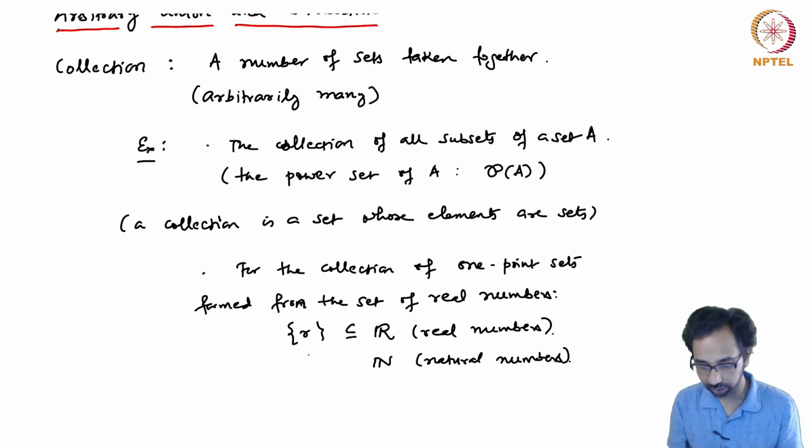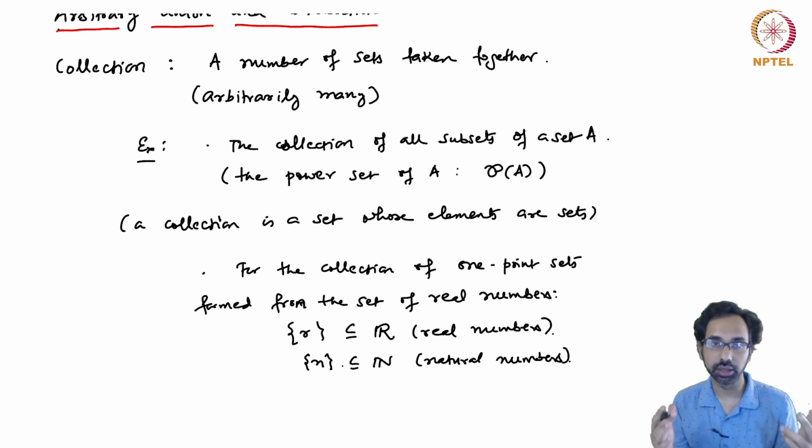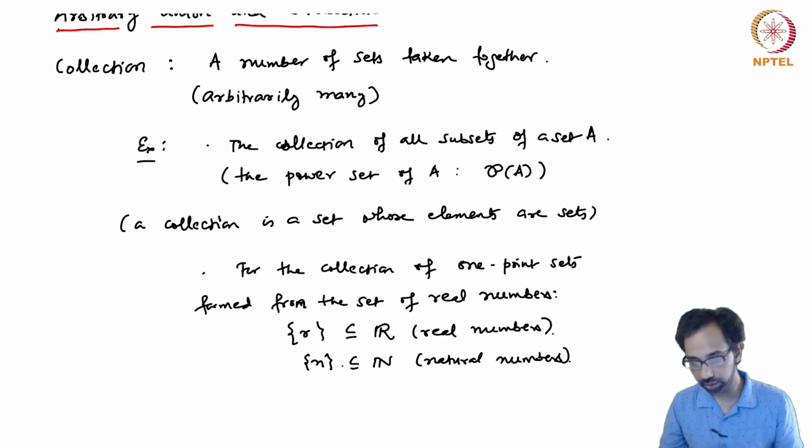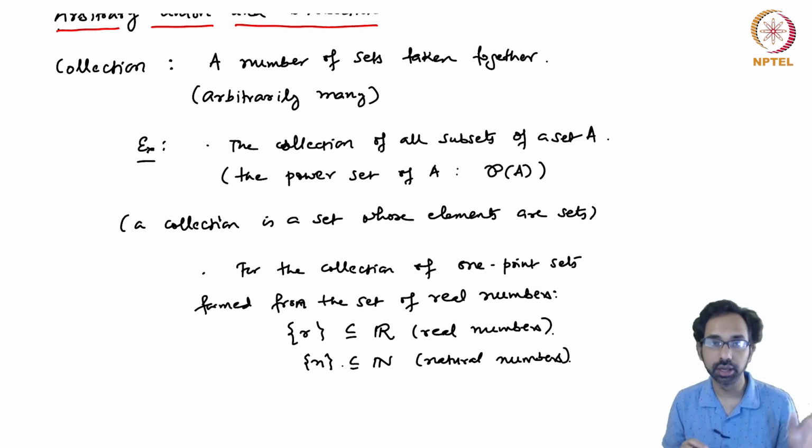And if you take the collection of 1-point sets of natural numbers, then also it's going to be an infinity, but that infinity is in some sense smaller than the infinity that you get from real numbers. So there are various distinctions between different infinities, and we will see this later on. But when we say arbitrarily many, it can mean any kind of collection that can be formed from collecting different kinds of sets. Okay.